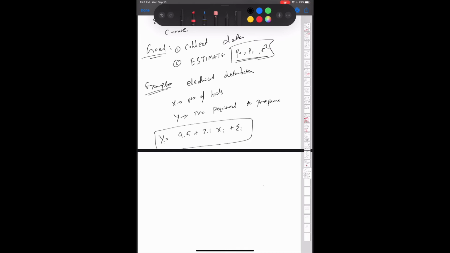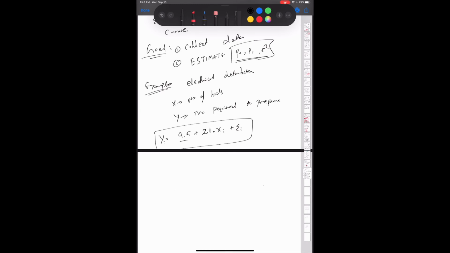So this is the model. That means for the ith week, if you wanted to know how much time it took to prepare the bids, you would use this model: 9.5 plus 2.1 times x plus epsilon i.